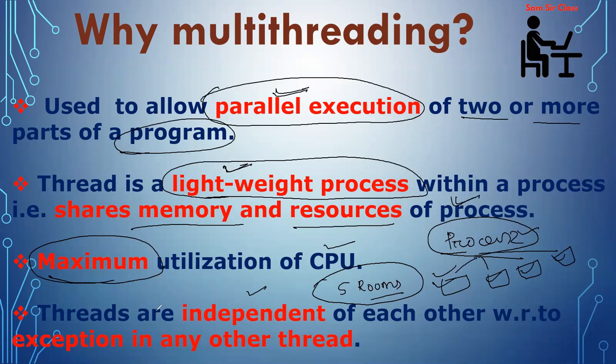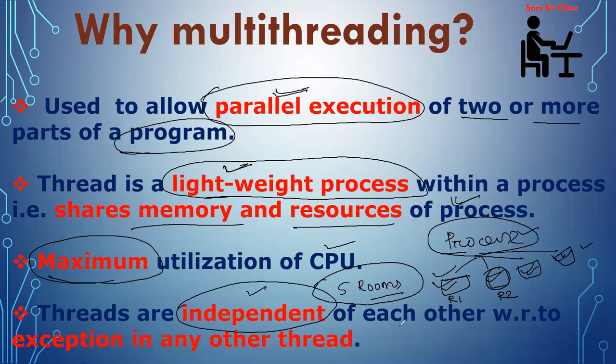Now again, threads are independent of each other. Whenever a staff member is conducting invigilation duty in room number 1, they are independent of room number 2, room number 3, room number 4, and room number 5. Suppose a problem occurs, say the question paper is not available in room number 2. That is not going to affect the other rooms.